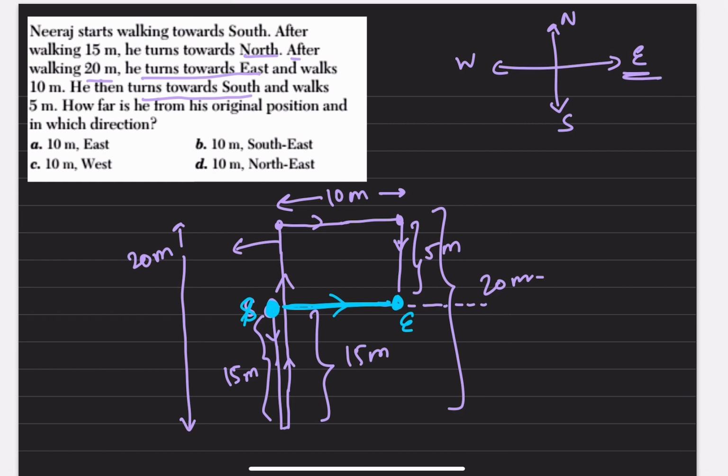So with this we see that it is towards the east direction. Right now we can find that it's east, but we'll find the distance as well. If this length is 10 meters, this has to be 10 meters as well. That means option A is the correct option.